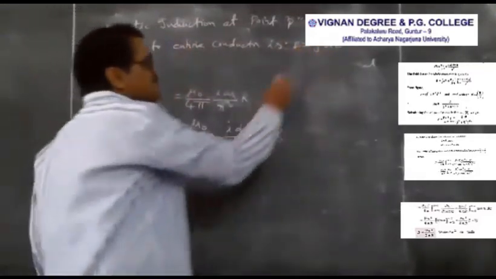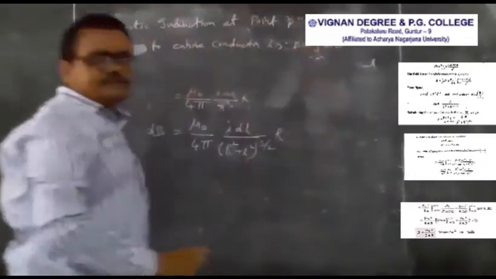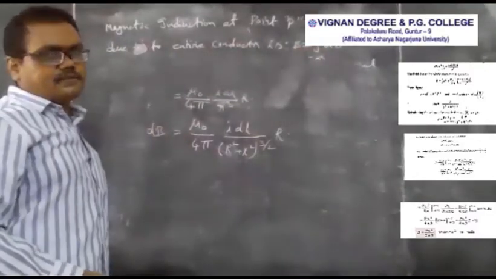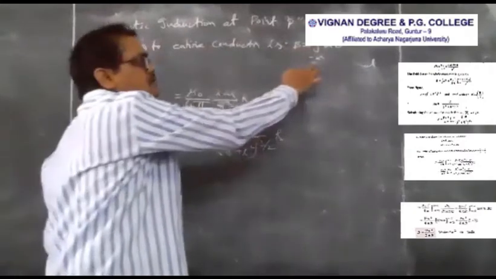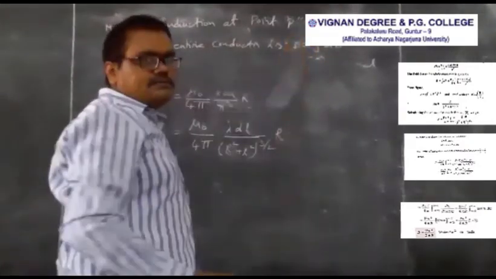The integration limits are minus infinity and plus infinity. Since the conductor is of infinite length, the lower limit is minus infinity and the upper limit is plus infinity.